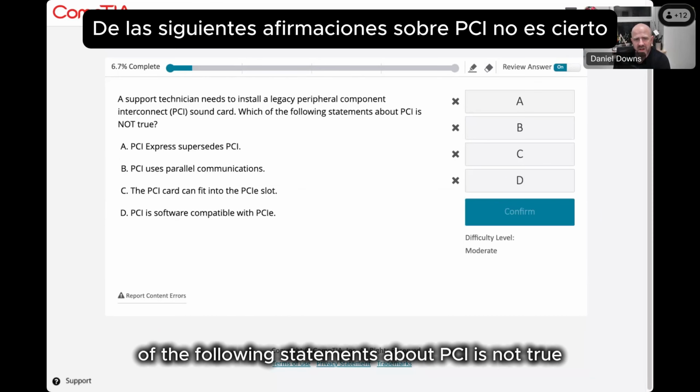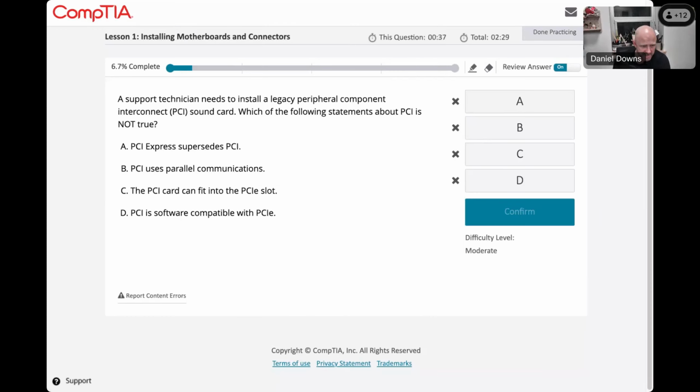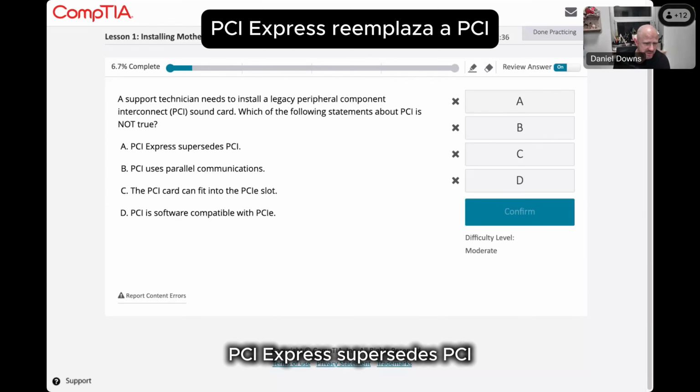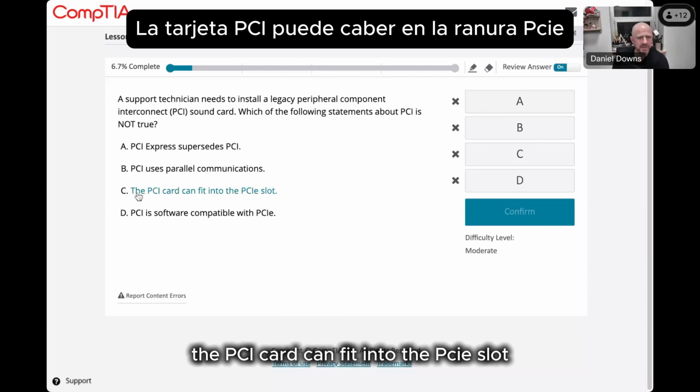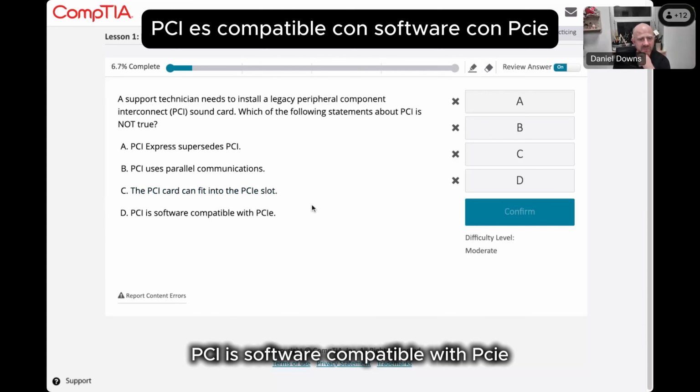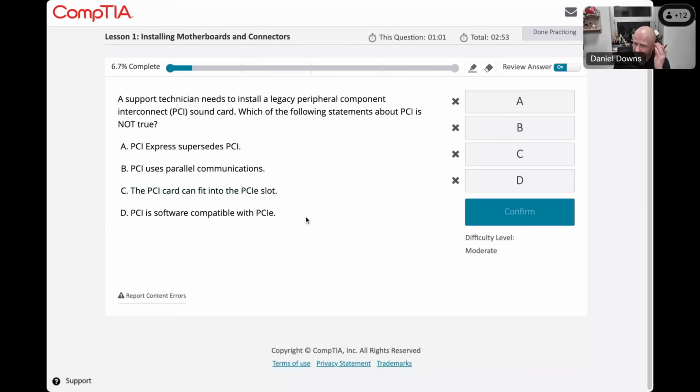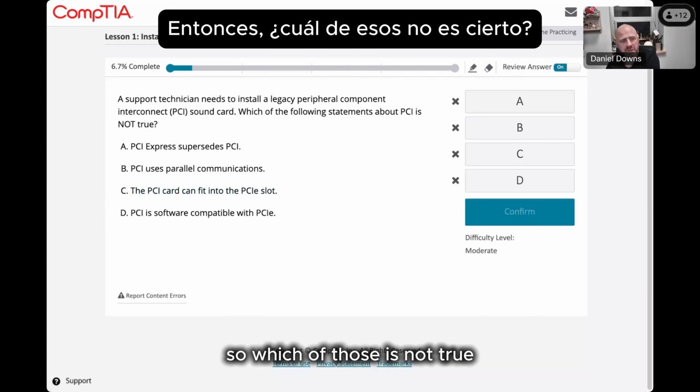Which of the following statements about PCI is not true? PCI Express supersedes PCI. PCI uses parallel communications. The PCI card can fit into the PCIe slot. PCI is software compatible with PCIe. So which of those is not true?